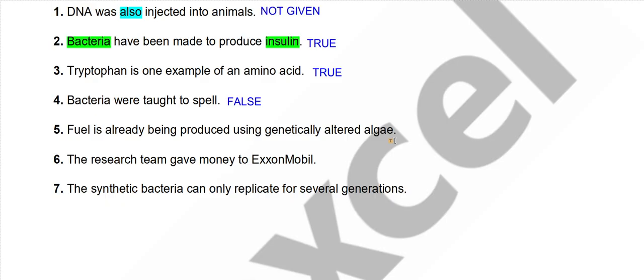The question will be false when we are not using algae to produce fuel, or when we are producing fuel from algae but it is not genetically modified, it is doing it naturally, or we are not producing it yet, because already means now, and maybe in the past we were doing that, or maybe in the future. It will be not given when we don't know anything about being able to produce fuel from algae, or why we are able to produce it from algae.